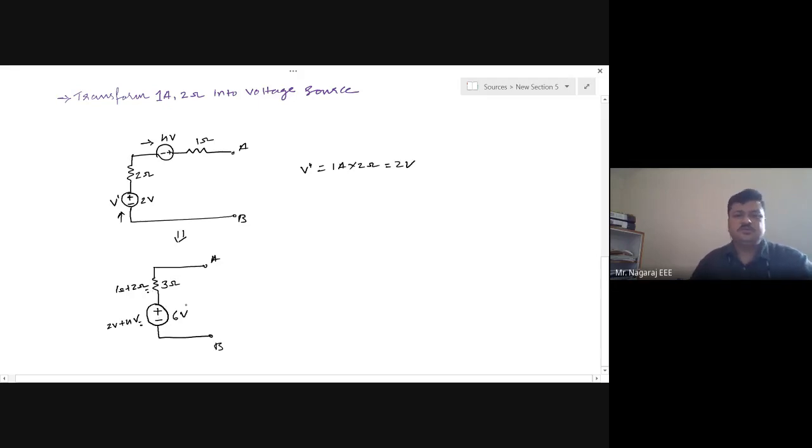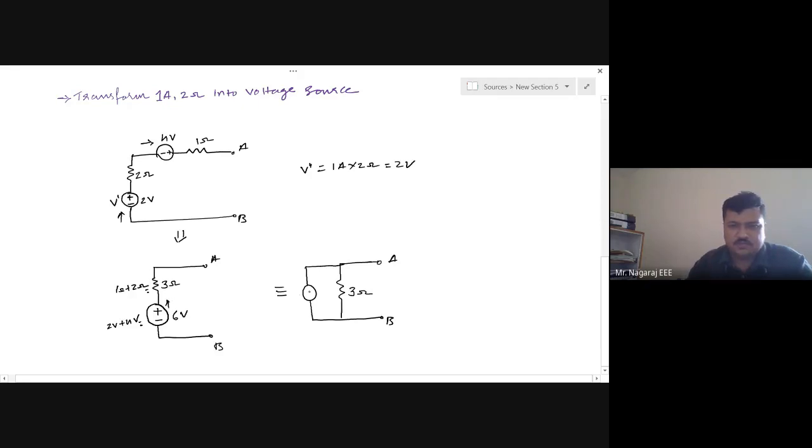Now convert this into a current source between A and B. Resistance will remain the same, 3 ohms. The direction of the 6 volt is upward.